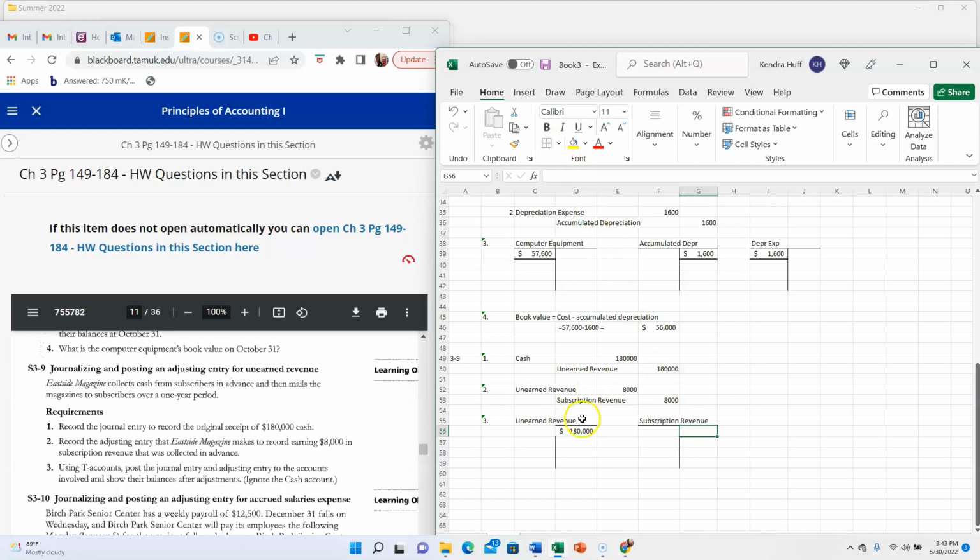And then I took 8 out of it on the debit side, and it went to the credit side of revenue.